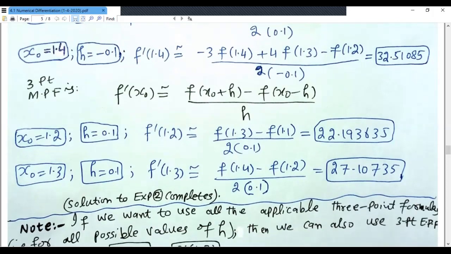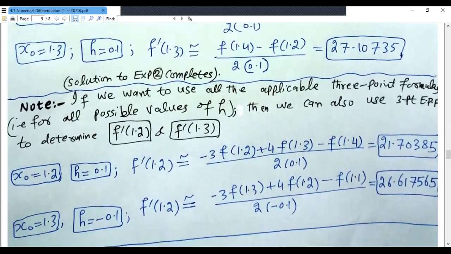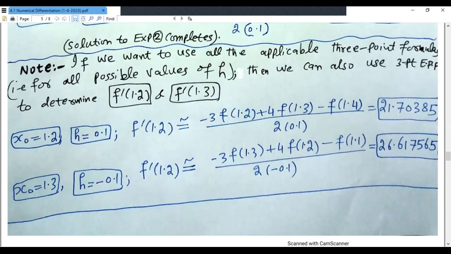But if it is asked in the question to use all the applicable 3-point formulas, or all possible values of h, then we can also use the 3-point endpoint formula for 1.2 and 1.3. In case of 1.2, h will be 0.1. In case of 1.3, h will be minus 0.1.